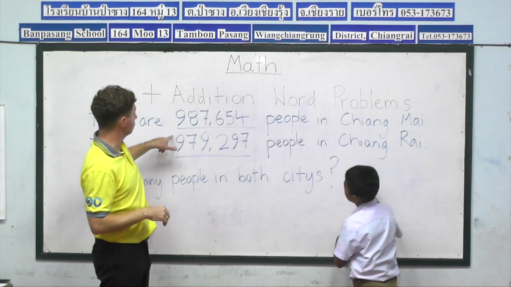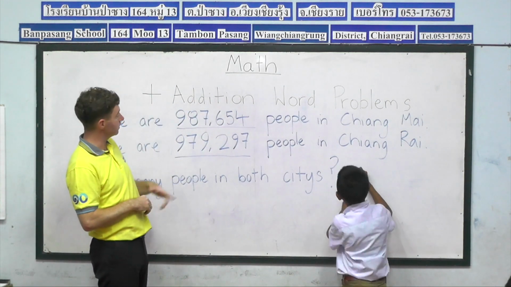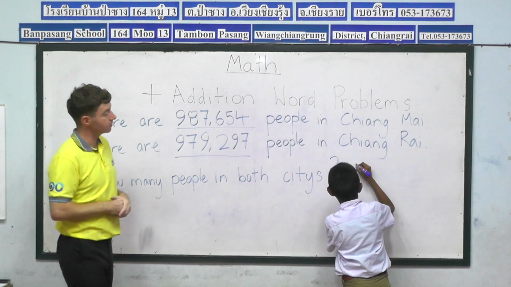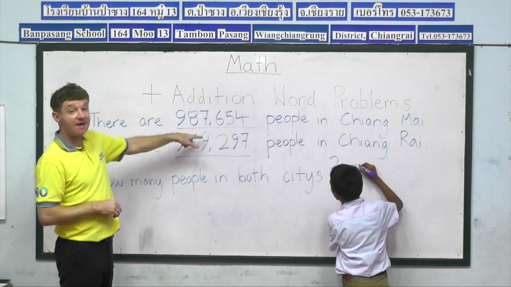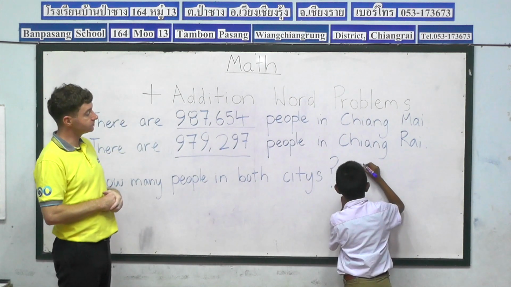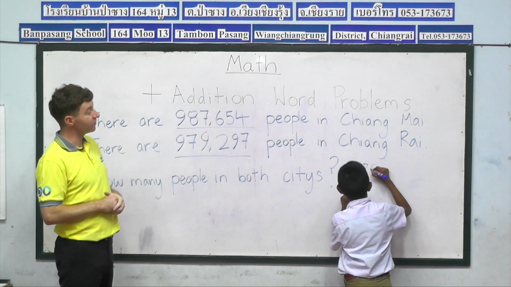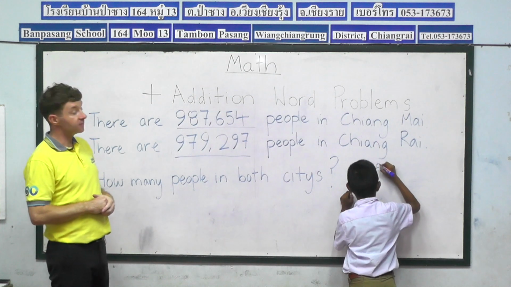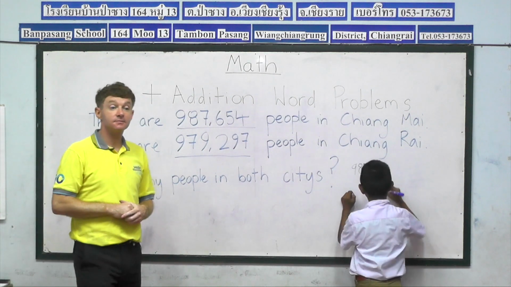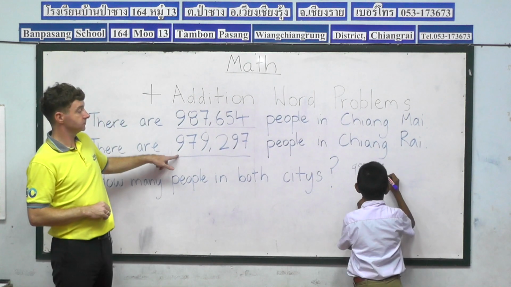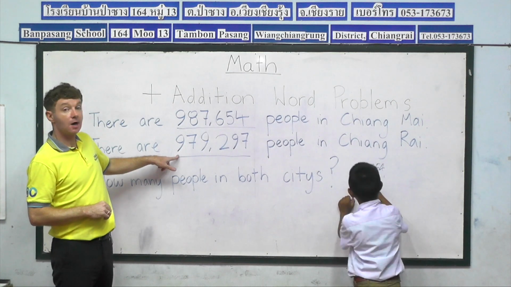So we have our 2 numbers, Pat. Can you draw the table? 987,654. And then what's our second number, guys? Plus 979,297.